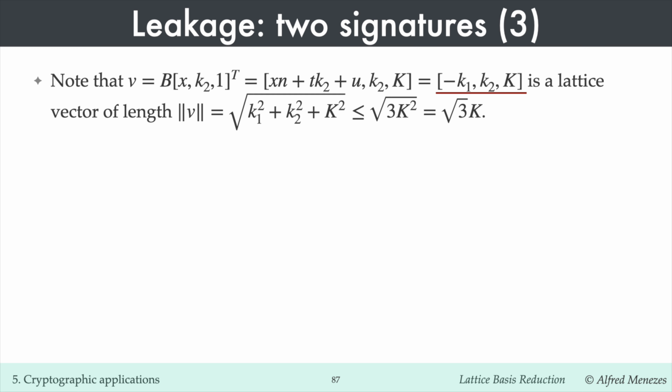The first two components are the unknown per-message secrets k1 and k2, and the third component is the known quantity capital K.